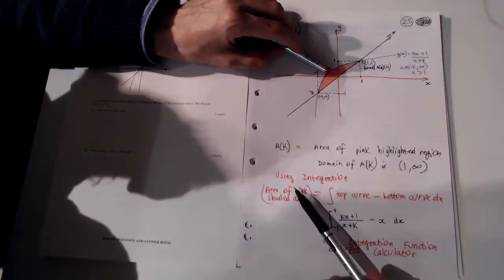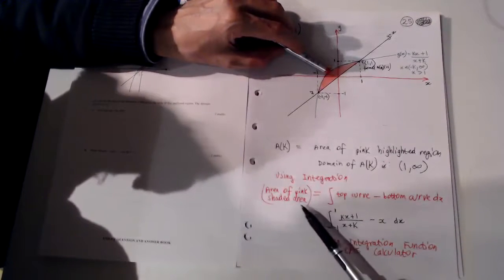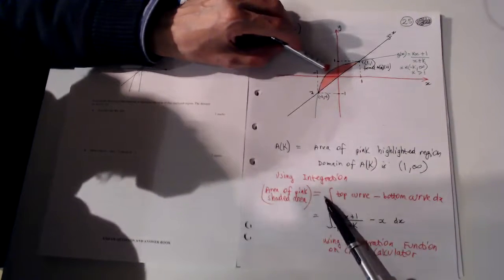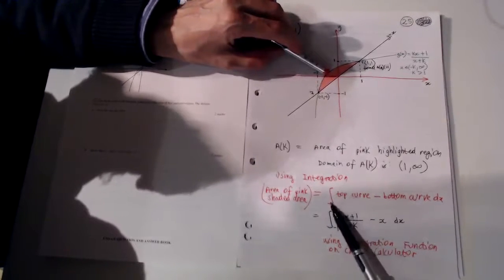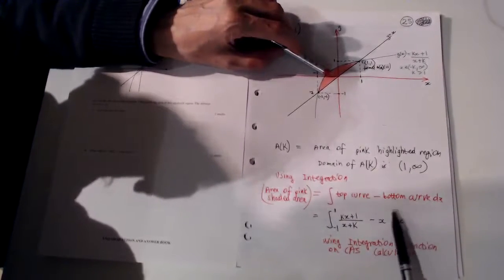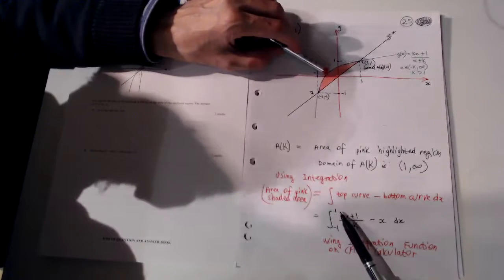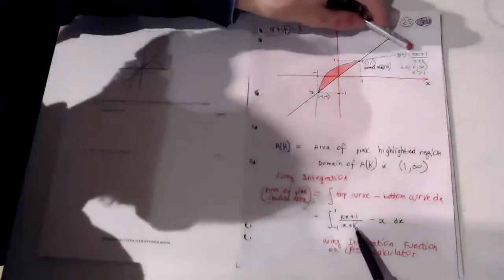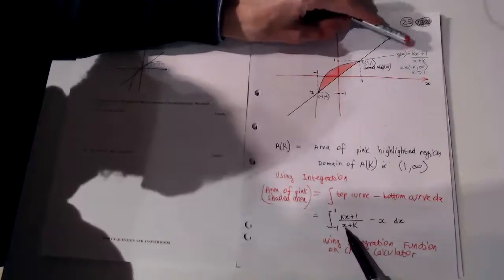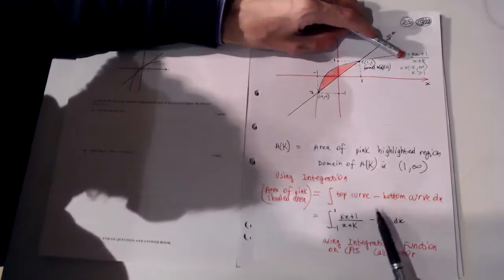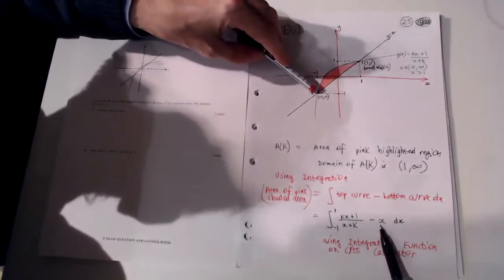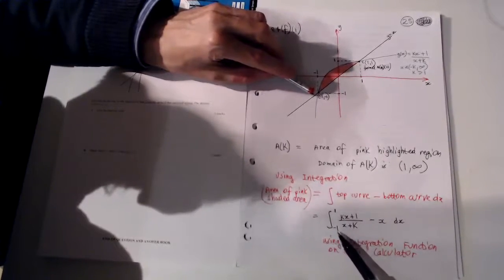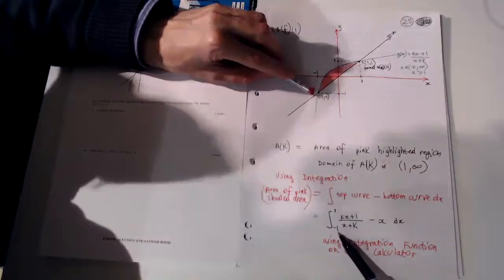Well, you can find that pink highlighted area by using integration, which says the area of the pink area is equal to the area between the two curves, which is equal to the integral of the top curve minus the bottom curve. And that will result to the following. It's the integral of the top curve, which is G curve, which is (kx plus 1) on (x plus k), minus the bottom curve, which is y equals x. Now, we know that that intersection point there, which is the lower terminal, is x equals -1.